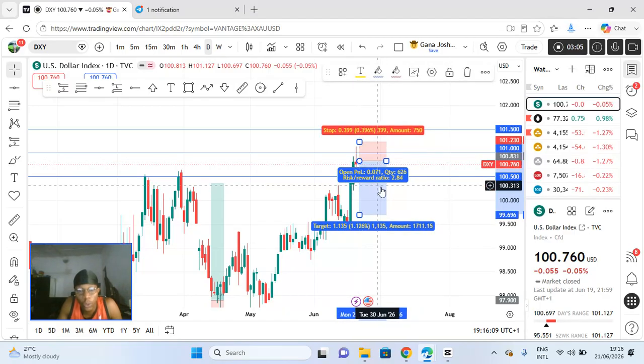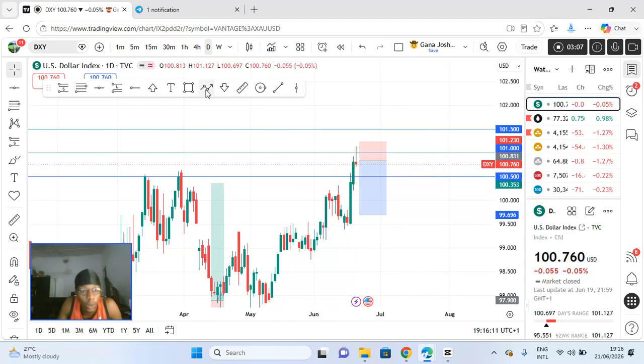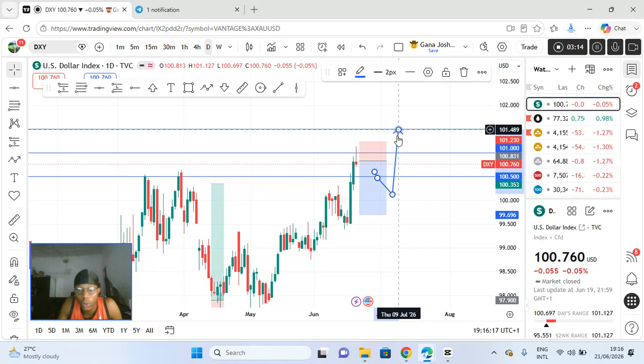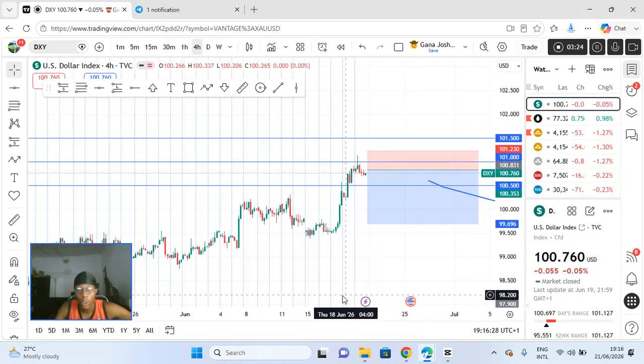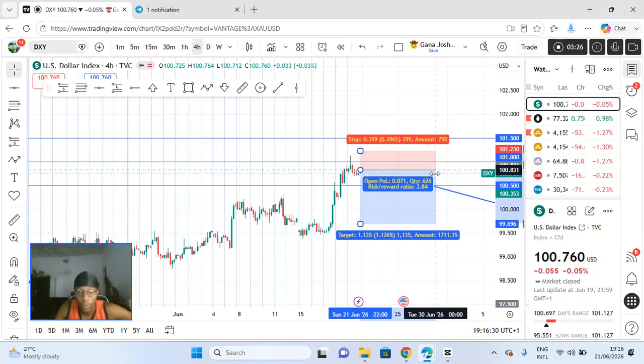Even though it may continue to the upside, maybe retest this level or this level and continue up, at market open we're expecting a push to the downside, some bearish momentum, based on what we are seeing on our daily time frame on DXY.